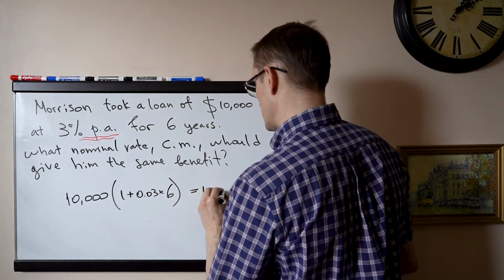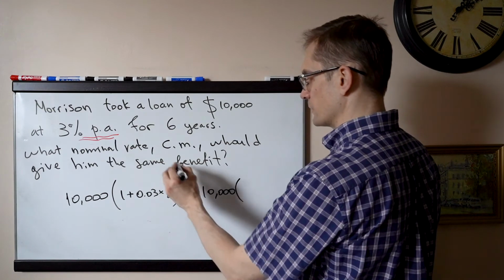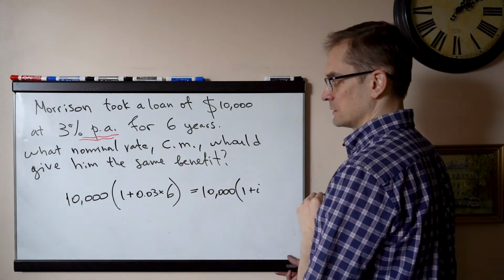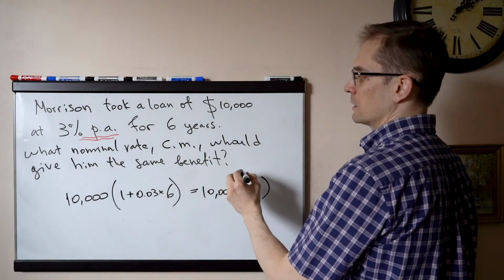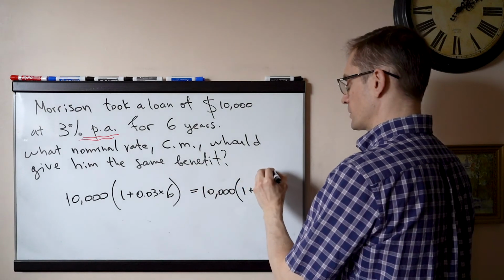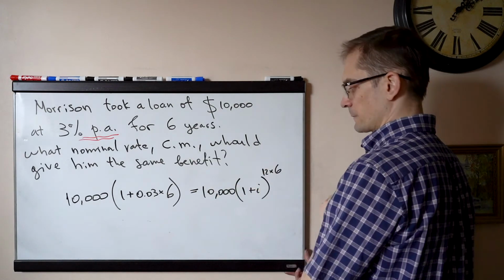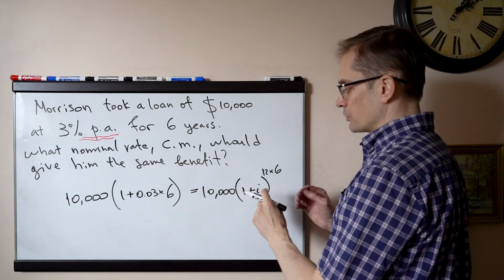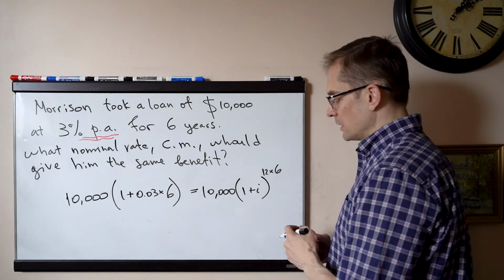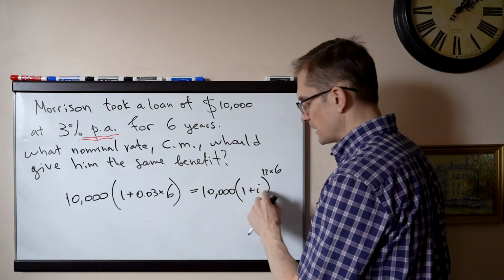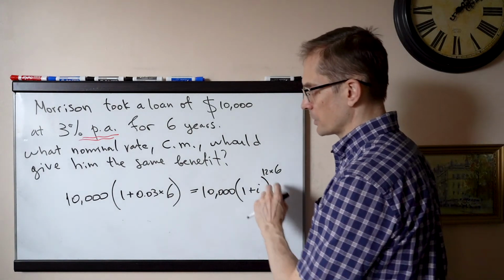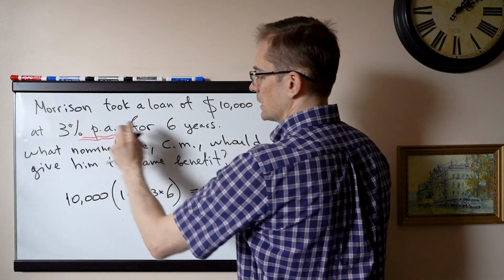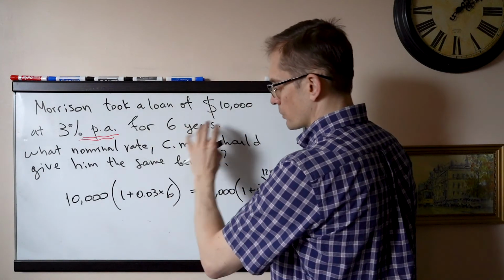That should be equal to $10,000 invested at some rate I for the same 6 years, and this rate should be compounded monthly times 6. So this is the equation which will help you to find this I. And this equation ensures that this I, which is a periodic rate compounded monthly, will be equivalent to 3% PA annual simple rate over the course of 6 years.